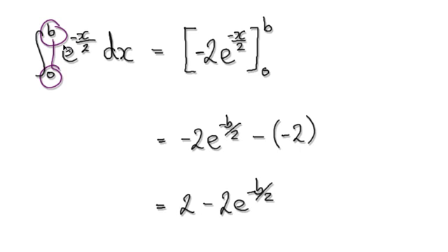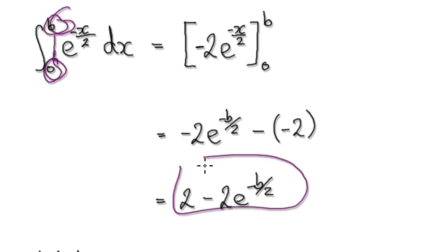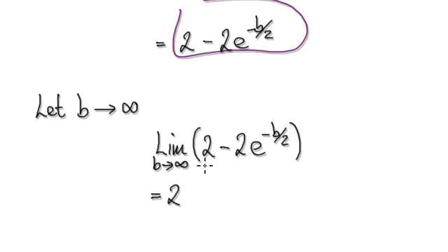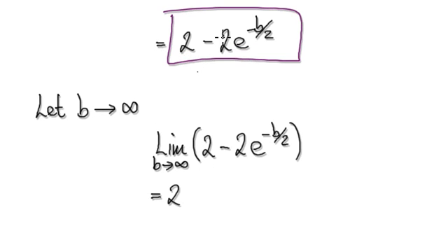If you want to integrate it to, let's say, C, then this will be C, and so on. So this is from 0 to B. When you integrate it from 0 to B, it will give you this. Now here's a clever bit. Now let B tend to infinity. So you're taking the limit as B tends to infinity here.